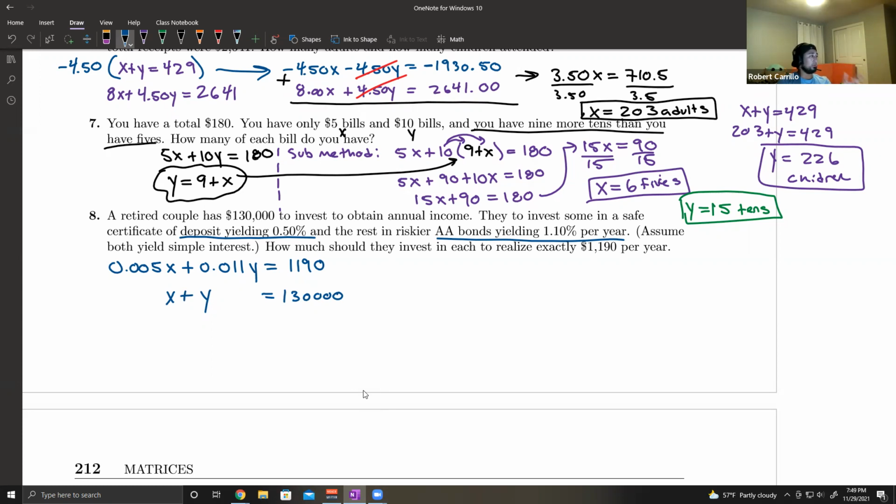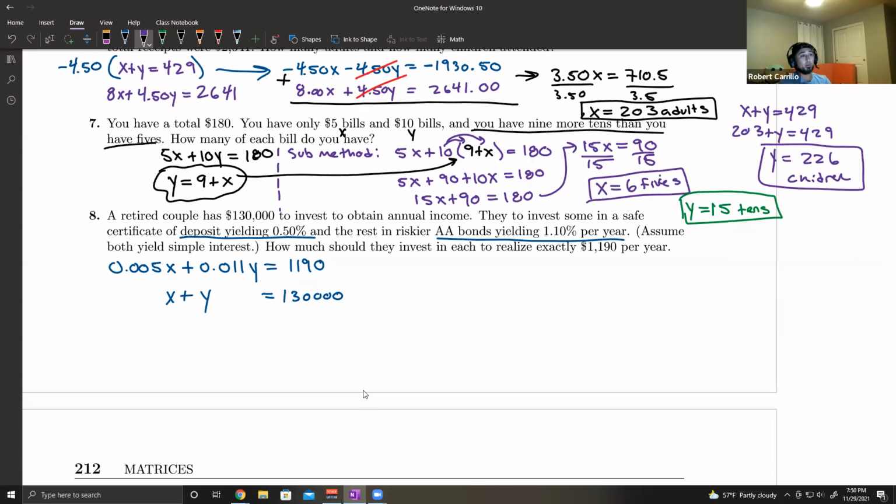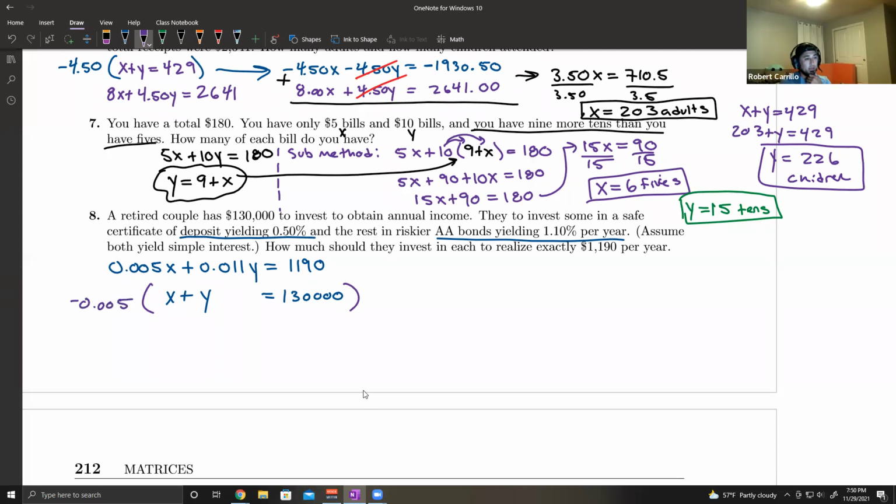So who do you want to get rid of, x or y? x. So let's get rid of x. What would I multiply this whole equation by? 0.005. Good, but make it negative. Good.